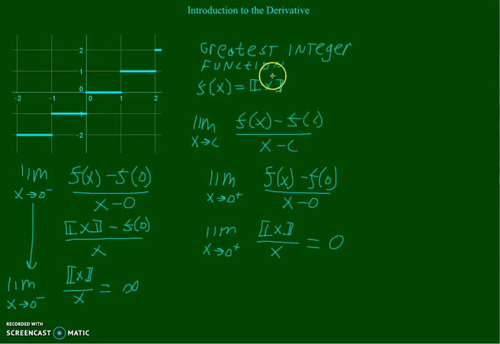So the greatest integer function is non-differentiable at any integer because it is discontinuous. In general, any function that is discontinuous is non-differentiable at the point of discontinuity. This greatest integer function is differentiable someplace in between each integer value, but it is non-differentiable at the ends because of what we just discussed. Now let's take a look at a second situation where a function is non-differentiable.